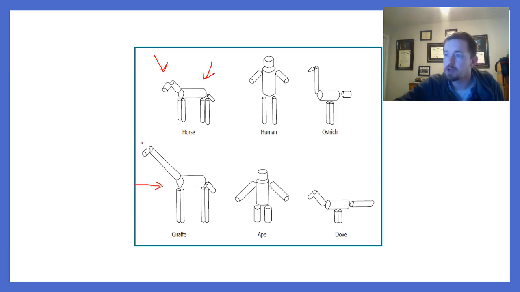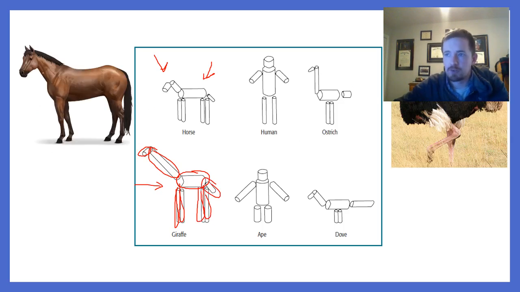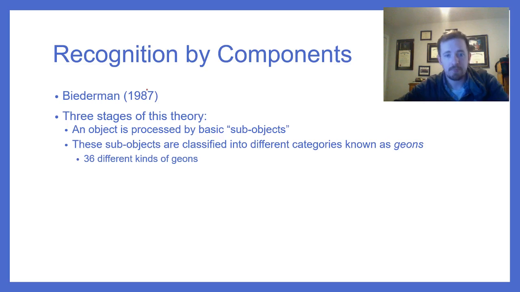But while we do that, we're kind of breaking it up, so that its face is shaped like this, its neck is shaped like this, its torso is shaped like this, its arms are shaped like that, its legs are shaped like that, its tail is shaped like that, and so on. And the same for humans and for ostriches and things like that. So whenever we see this horse, we're breaking it down into its sub-objects.